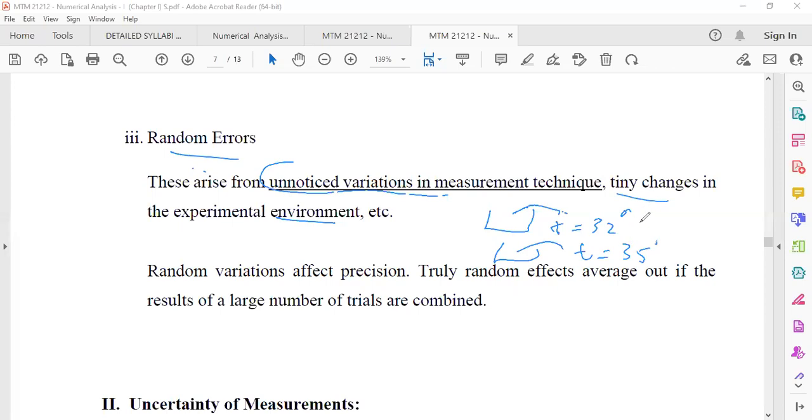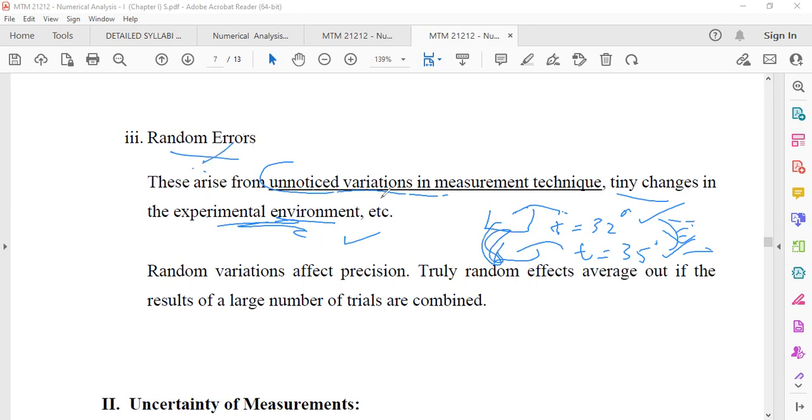Because of these environmental changes, there should be a difference between them, isn't it? That kind of error we call random errors.